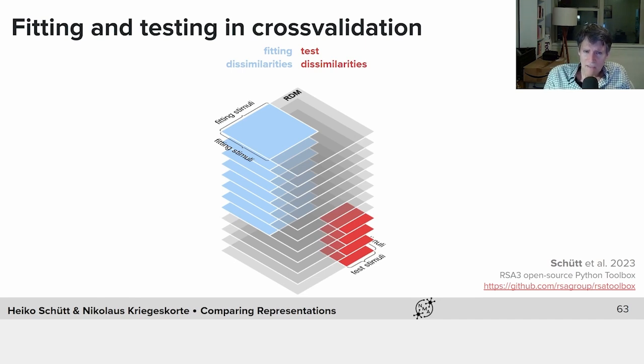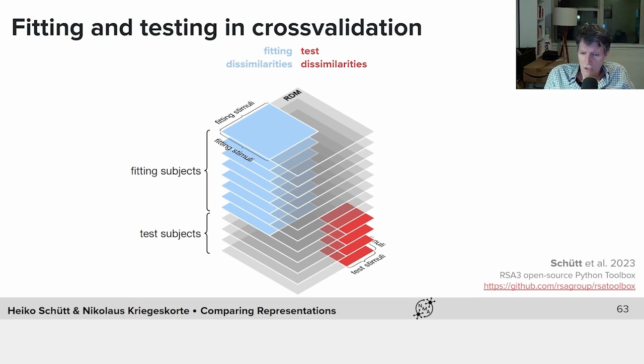So we designate a set of fitting stimuli and a set of test stimuli, so two disjoint sets of stimuli, and we also designate two disjoint sets of subjects, the fitting subjects and the test subjects. And then we fit our models using only the fitting stimuli and only the dissimilarities estimated from fitting subjects.